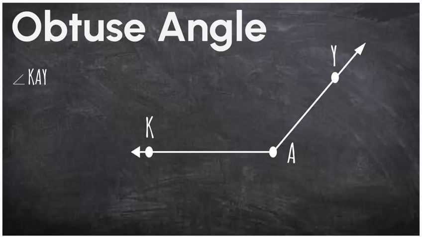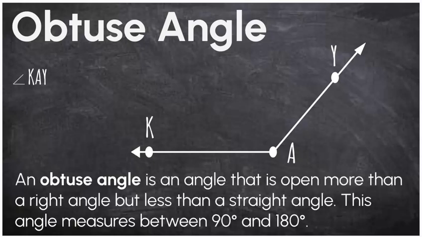Obtuse angle. How would you characterize an obtuse angle? An obtuse angle is an angle that is open more than a right angle but less than a straight angle. The angle measures between 90 and 180 degrees.